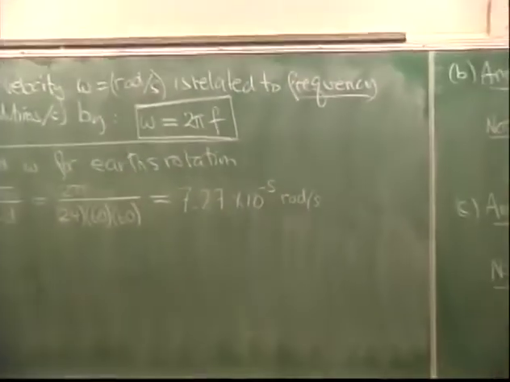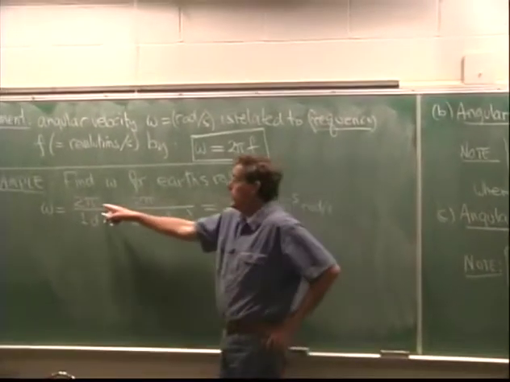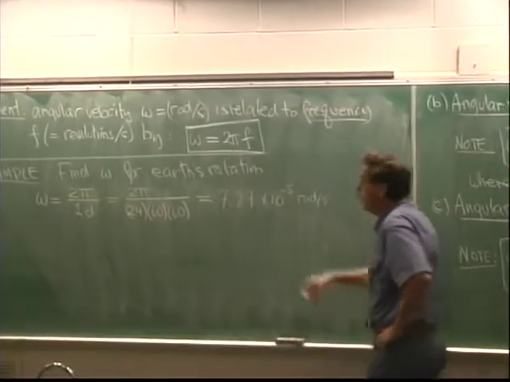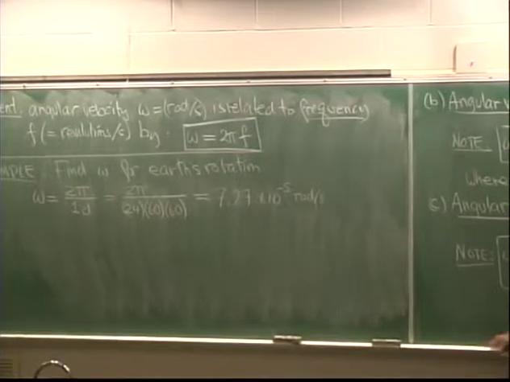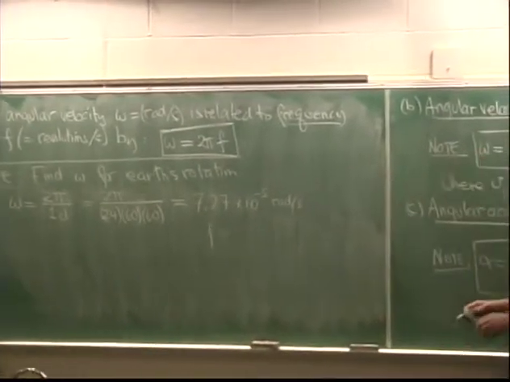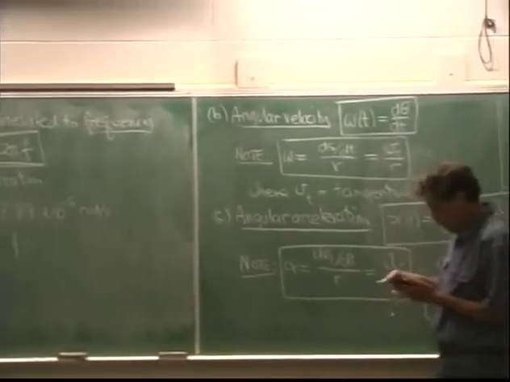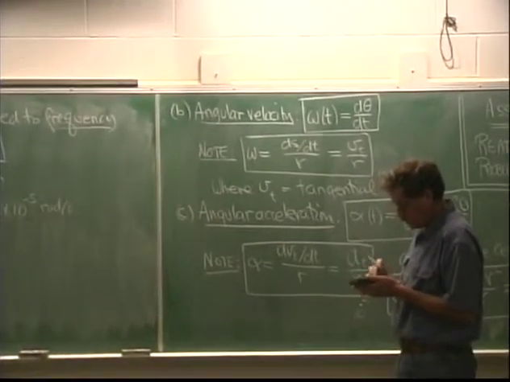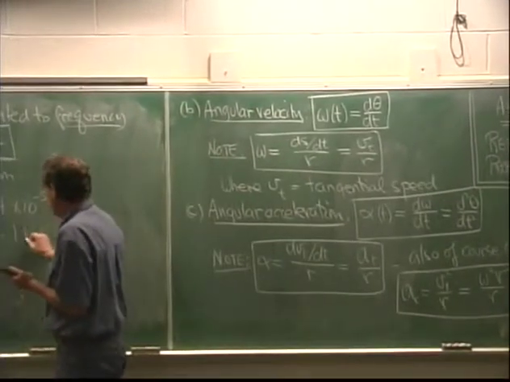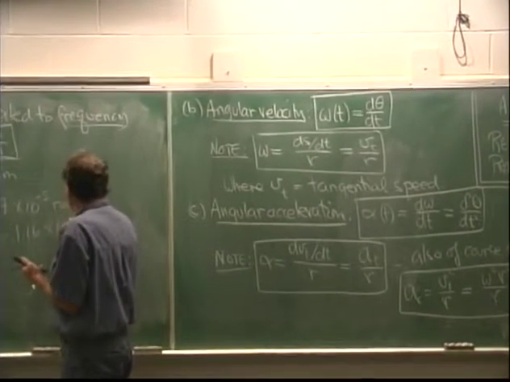Of course, the frequency of rotation of the Earth would be 1 over 1 day. So 1 over 24 times, or that divided by 2 pi, 1.16 times 10 to the minus 5th.